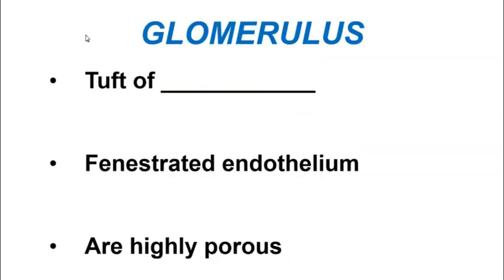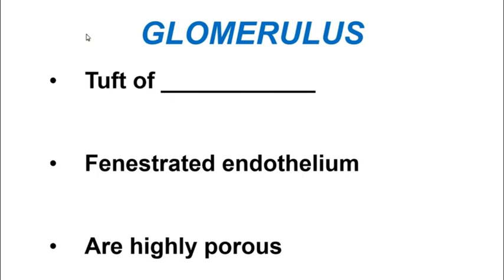So let's look for a second at the glomerulus. We'll break down the parts of the kidney and discuss their function a little bit here. Let's begin by looking back at the renal corpuscles. Remember that the glomerulus is a tuft or a ball of capillaries. It is a very well fenestrated set of capillaries.